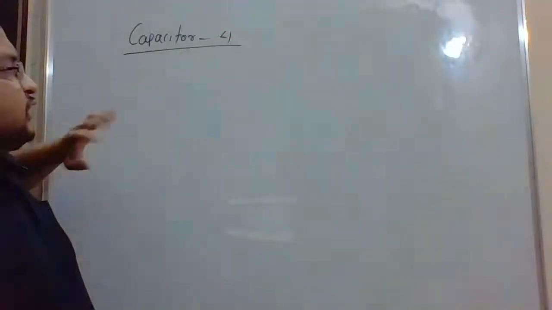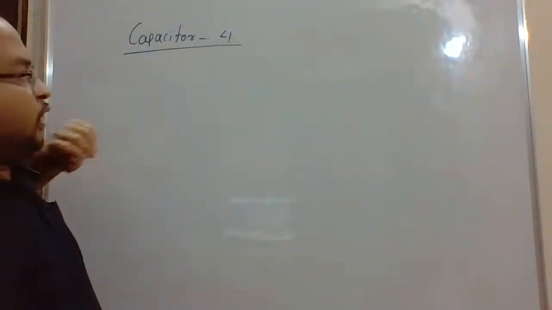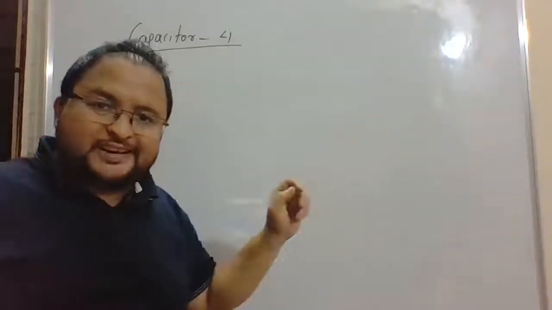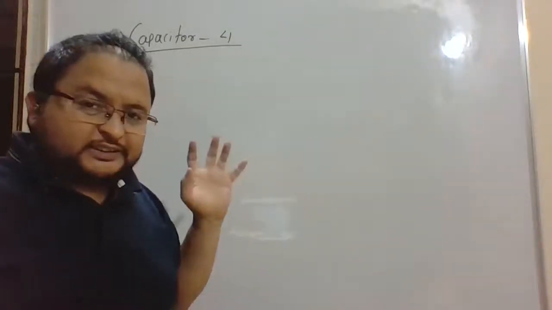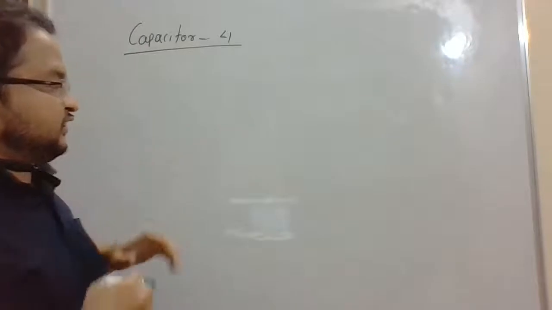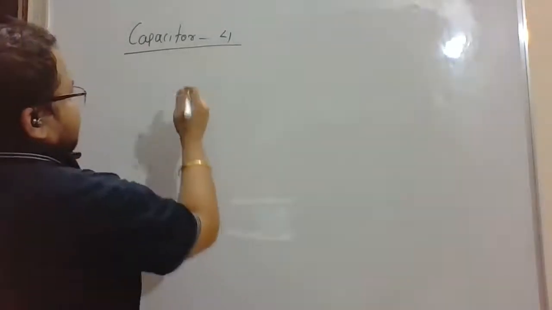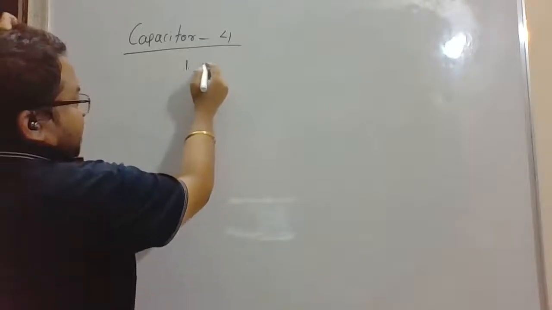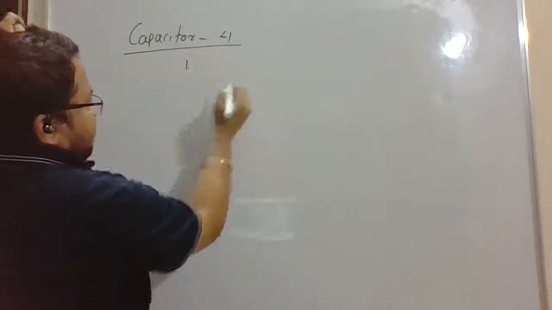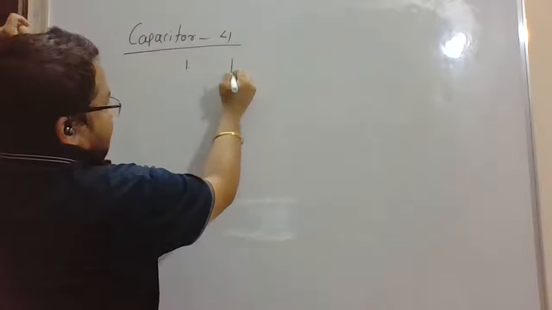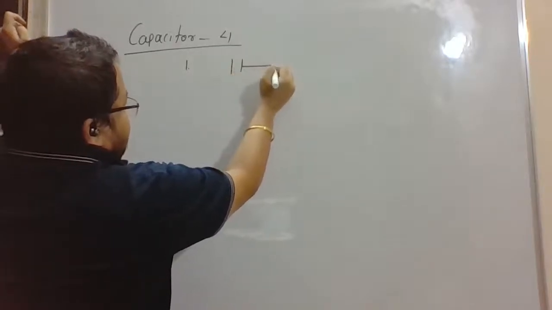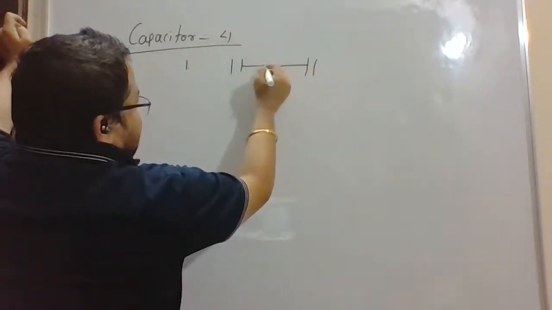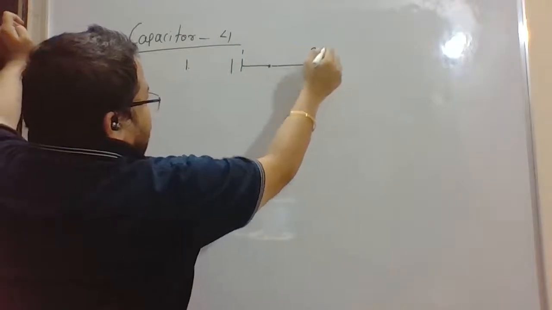Before we start, one quick recap of our basic formulas of capacitors related to series and parallel. Two capacitors are said to be in series when at their connection point there are two and only two of them.